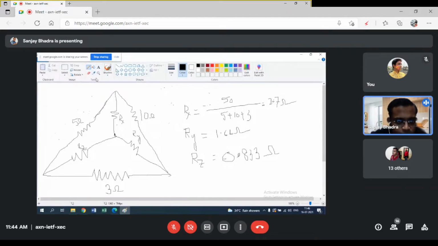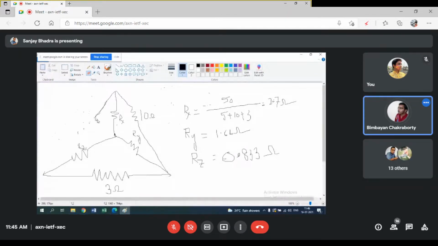Let me rub it out. Can you help me with this? How to enlarge this eraser size? Control plus key, control plus key on the keyboard.